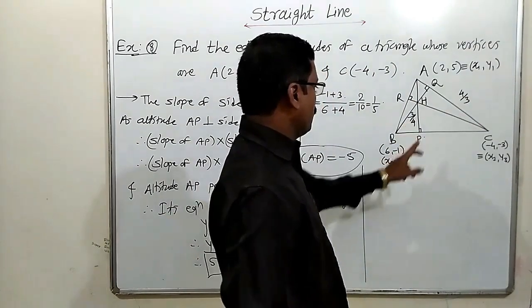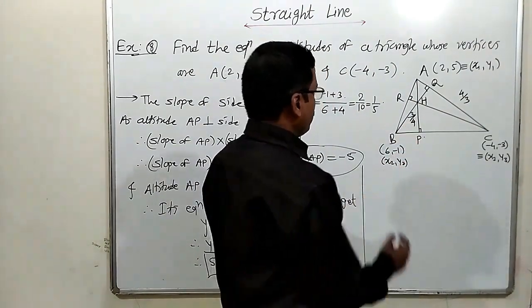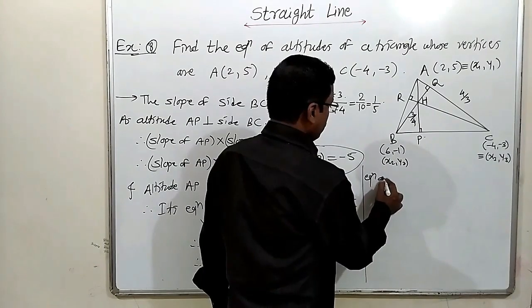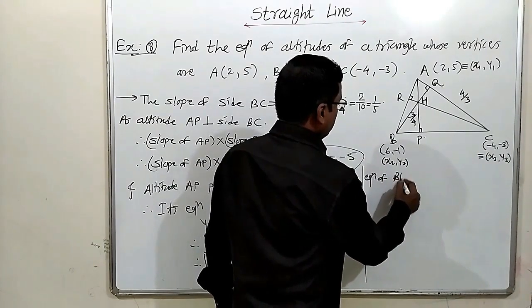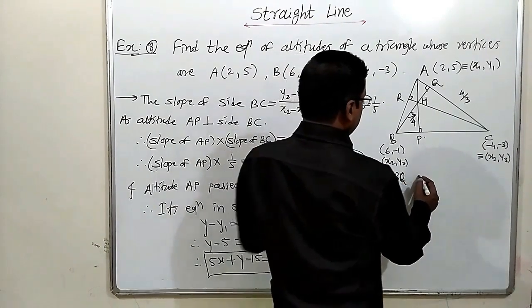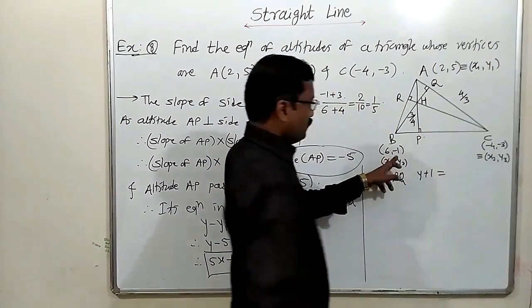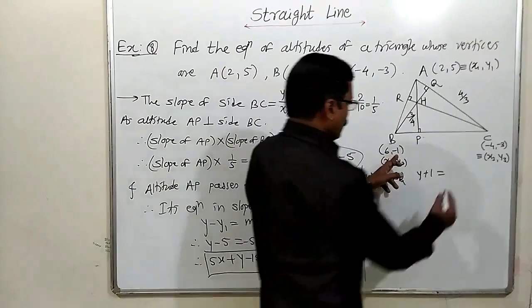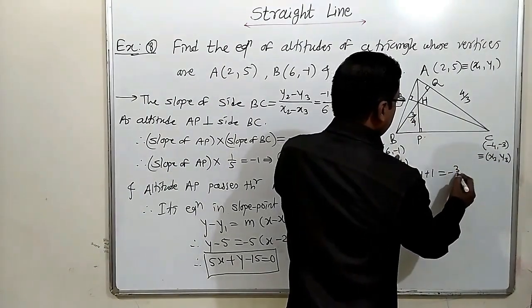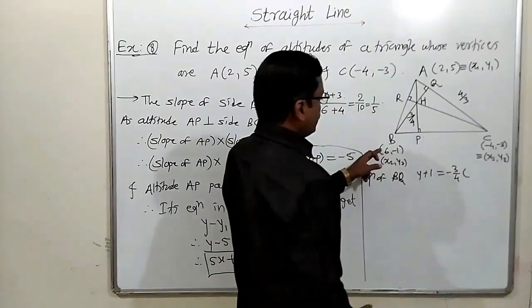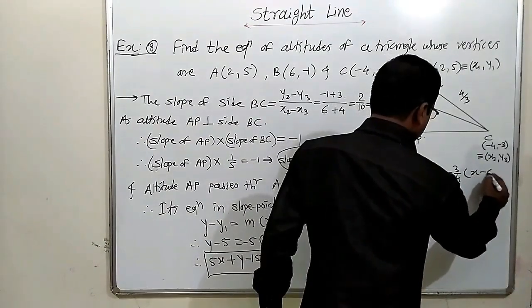So minus 3 by 4 is the slope and it passes through point B. So the equation of altitude BQ is y minus minus 1 equal to minus 3 by 4 into x minus 6.